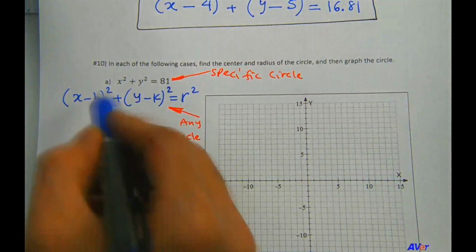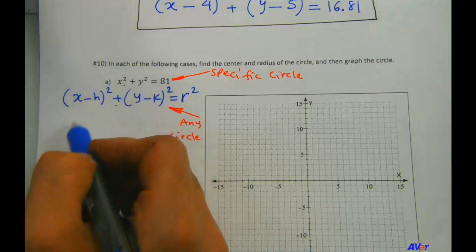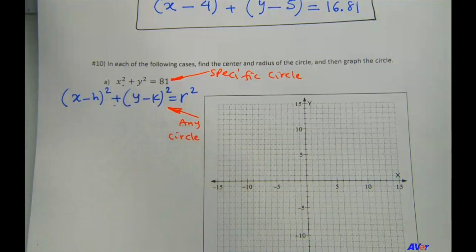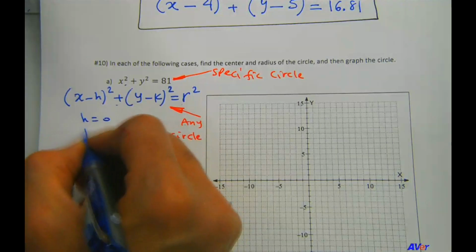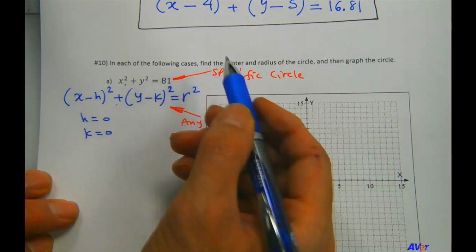Okay. So comparing this any-circle equation with this specific case, what would h and k have to have been? Do they appear anywhere? No. So h and k must have been 0. So h must have been 0, k must have been 0, right? X minus 0 squared is x squared.